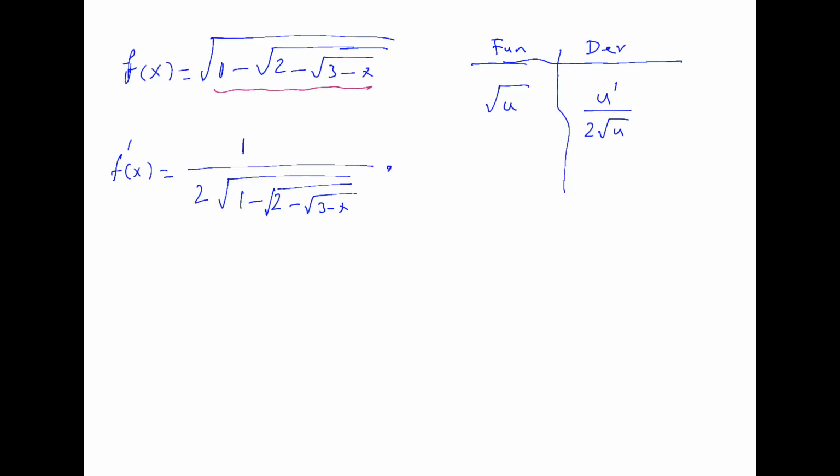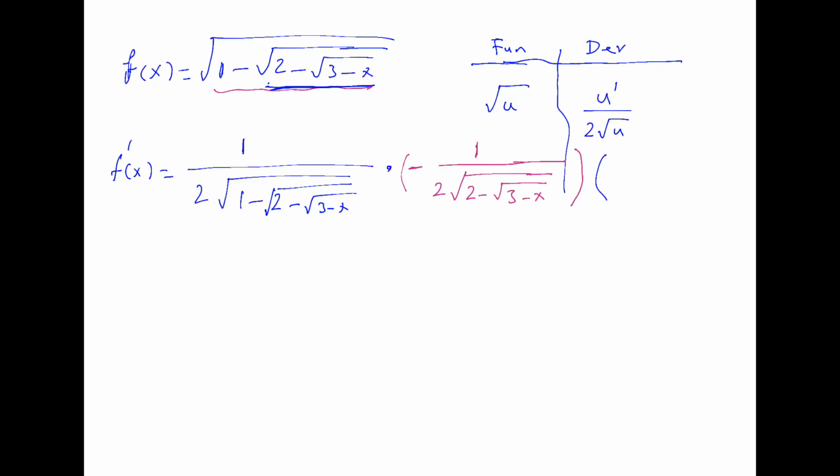The derivative of this function is negative 1 over 2 square root of 2 minus square root of 3 minus x, times the derivative of this portion of the function.